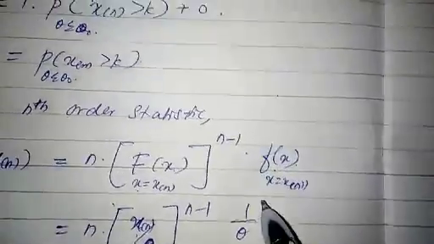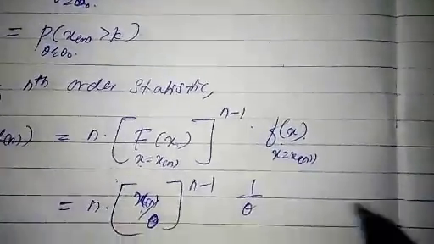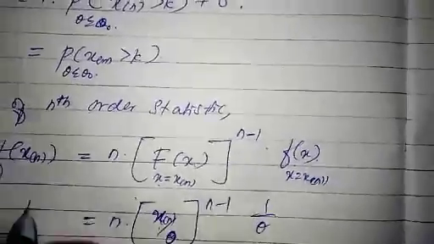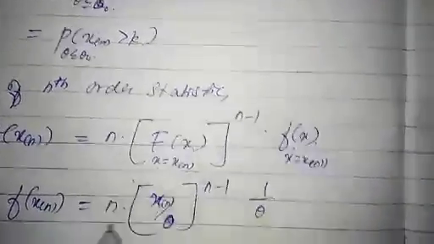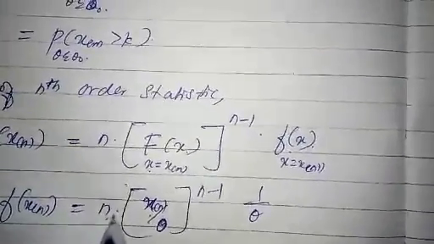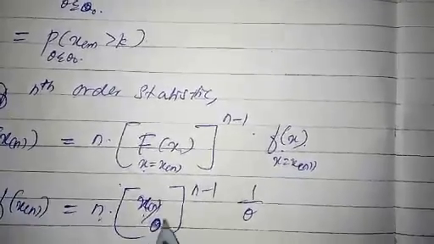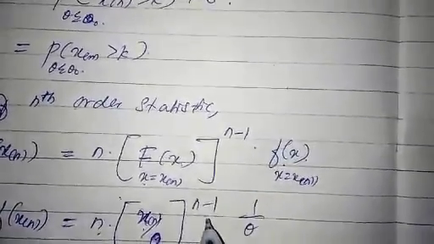Here there is not any x term, right? So this is the final term. That is, the density of the nth order statistic is n into xn divided by theta and whole to power n minus 1 into 1 by theta.